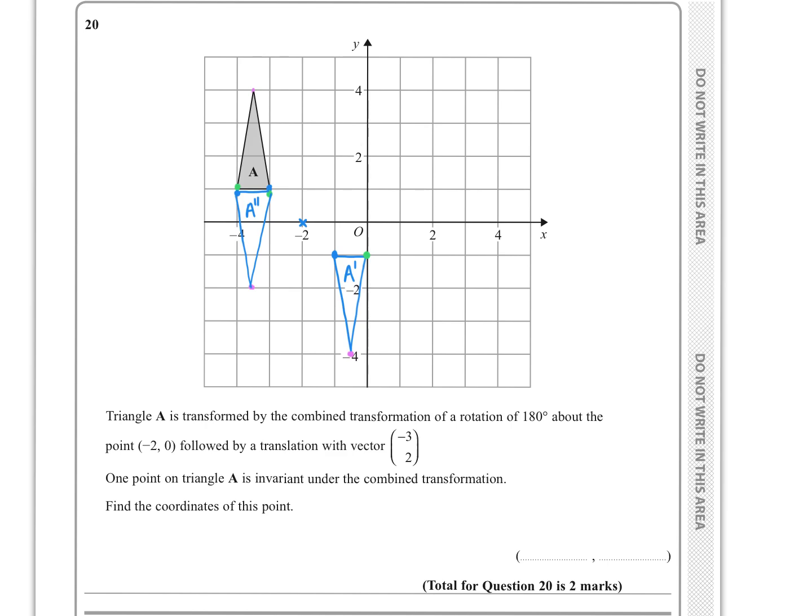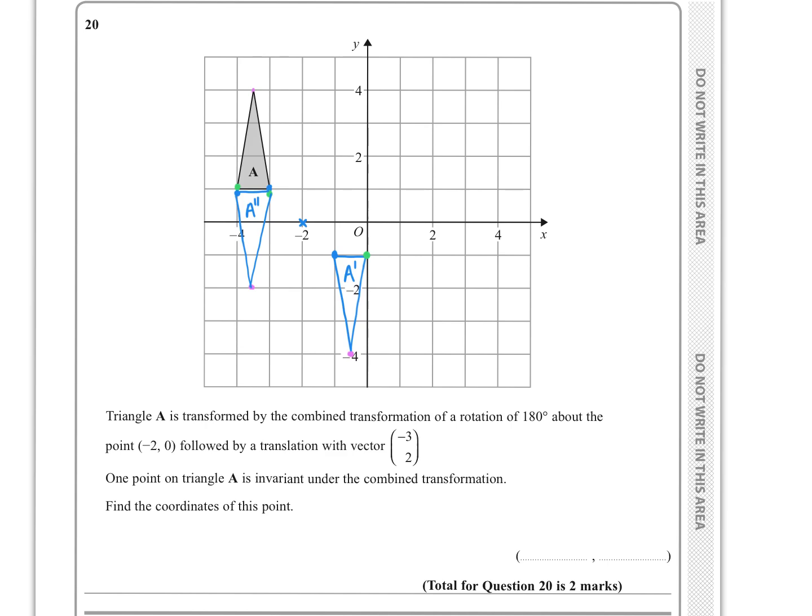Now, it says one point on triangle A is invariant, i.e. has not seemed to have moved from where it started to where it ended up under the combined transformation. Find the coordinates of this point. So can you see where that would be in triangle A? What point on triangle A would end up in exactly the same place?